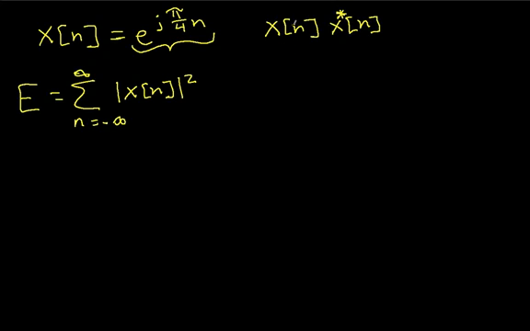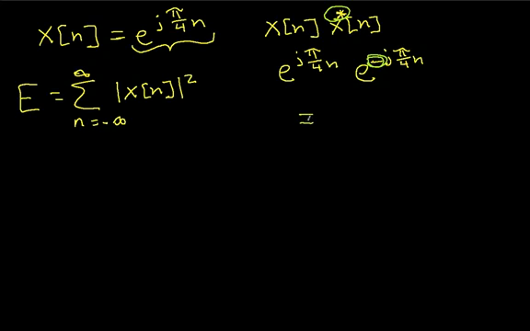So x of n is going to be e to the j pi over 4n. X conjugate of n is going to be e to the minus j pi over 4n. Again, this star here just means that I changed the sign of j.